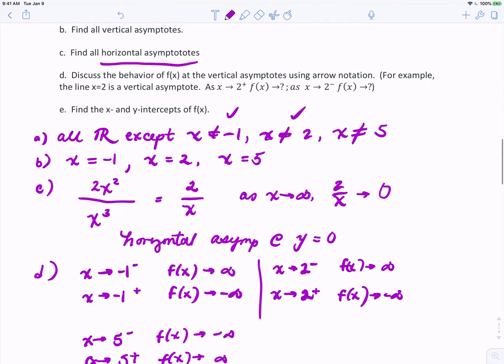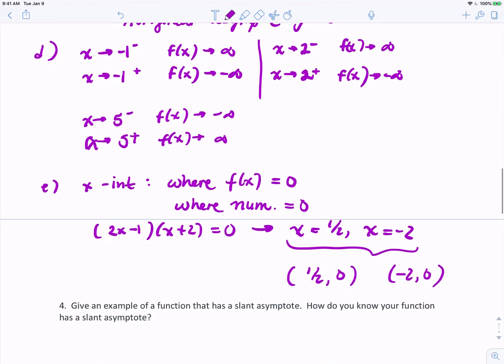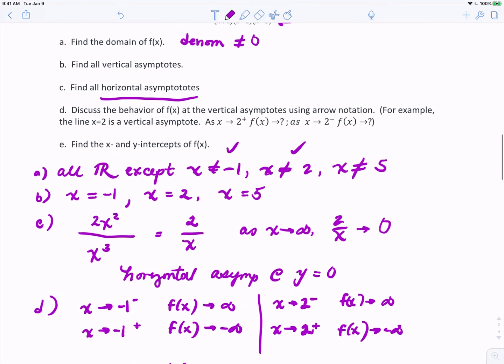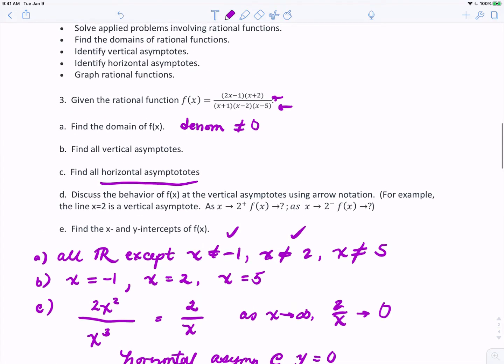And finally, find the y-intercept. Let me try to squish it over here. To find the y-intercept, you need to find out what f of 0 is. So if we take our function and plug in a 0 for x, so everywhere we see an x, we replace that with 0, we're going to have negative 1 times 2 divided by 1 times negative 2 times negative 5.